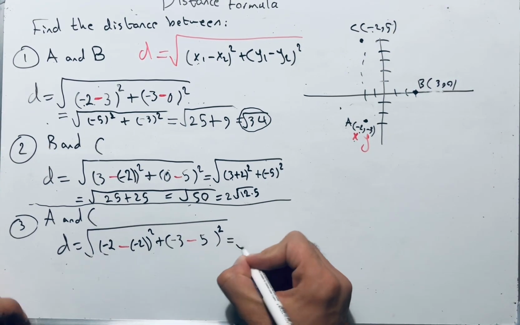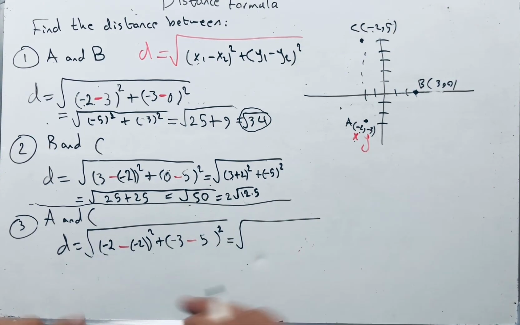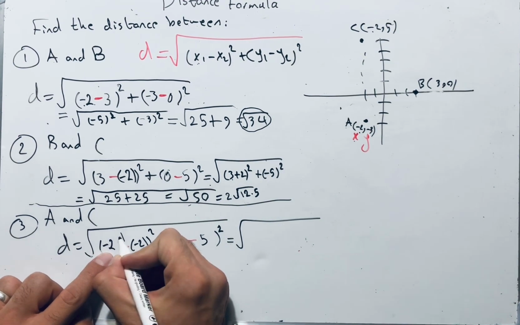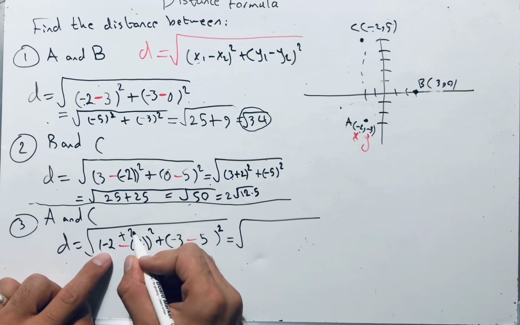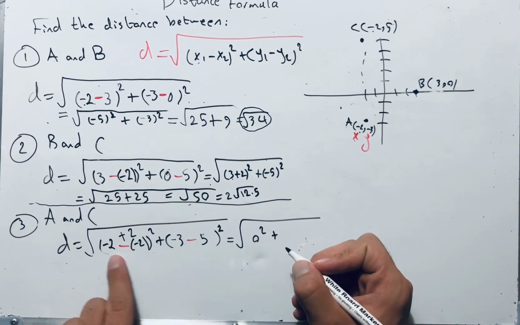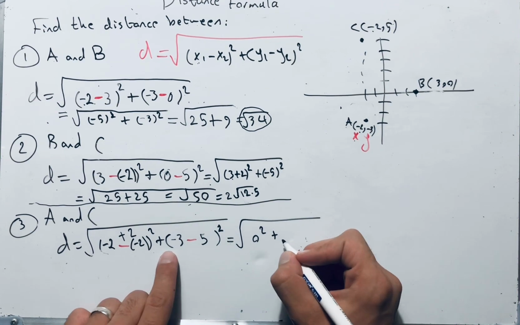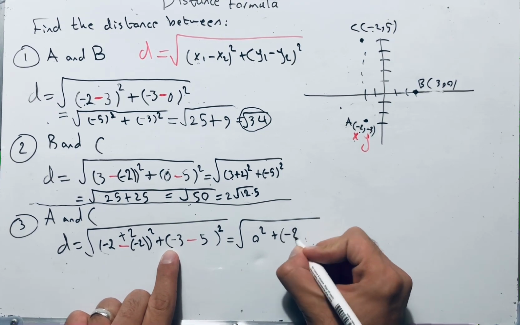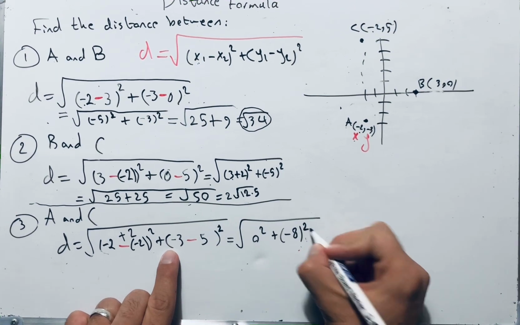So let's just calculate. This is negative 2, that's negative 2, so this becomes plus 2. So 2 minus 2 is obviously 0 squared. So this all reduces into 0. And then we have negative 3, negative 5. Obviously this is negative 8 squared.